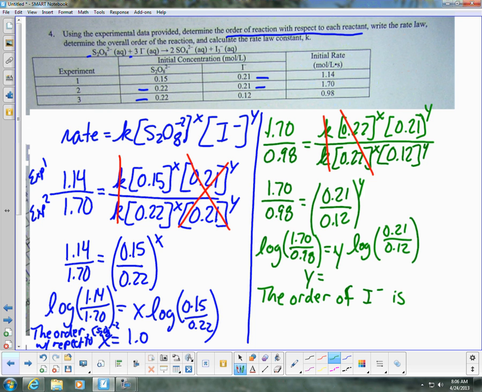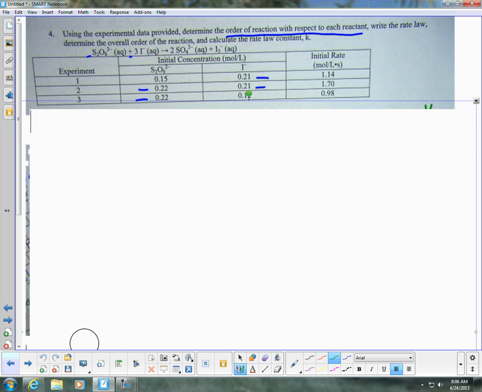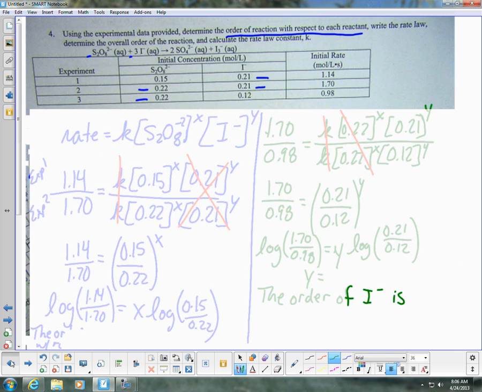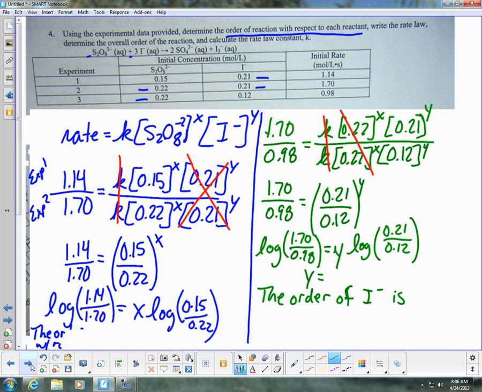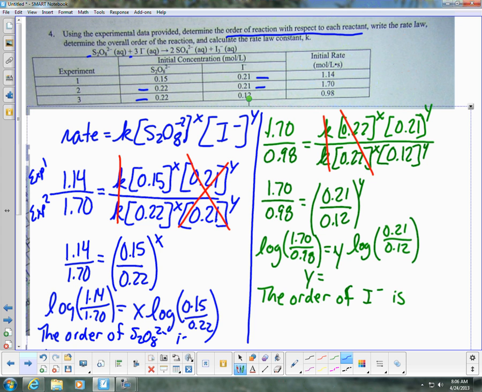So y is just a representative of the order of I. So this was one answer right here.